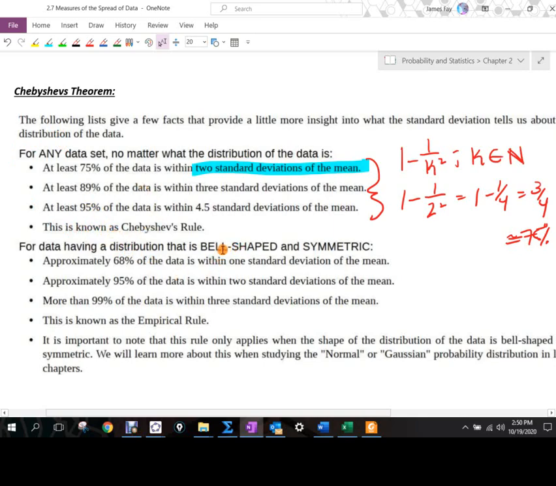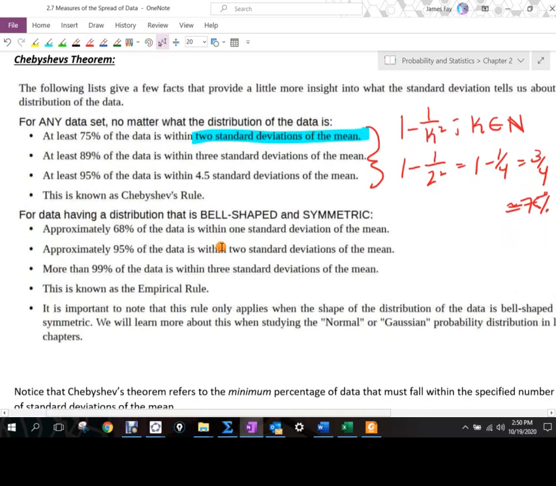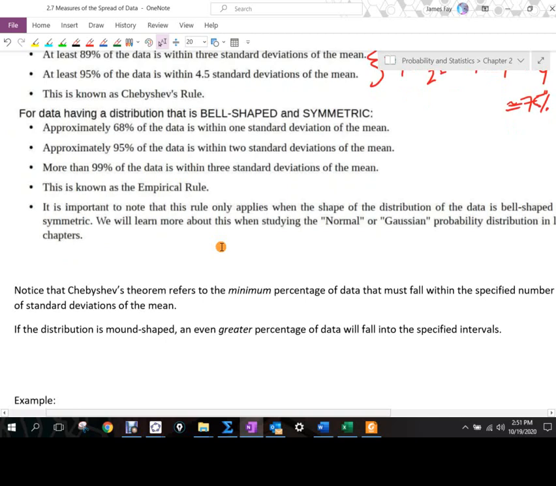And this is the one that we like to deal with the most because it has a great deal of probability benefits, probability results that are very nice for us. If we have a bell-shaped or symmetric distribution, we can use what we call the empirical rule.